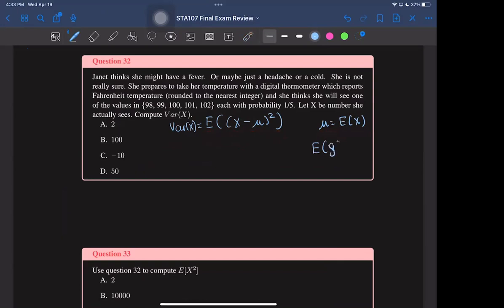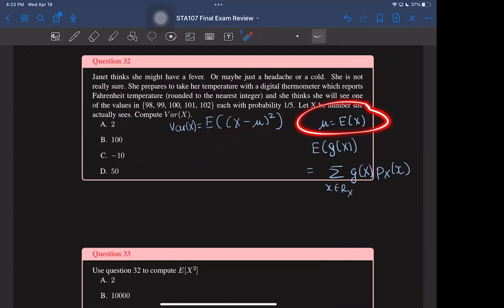You will need to first find this and then find this one based on the formula. Expected value for a function of X is equal to the summation of the function of X multiplied with the PMF. So you first figure out this and then use this formula to solve for this one.